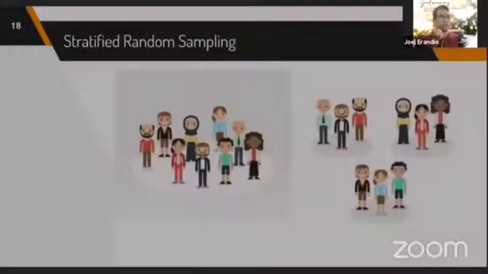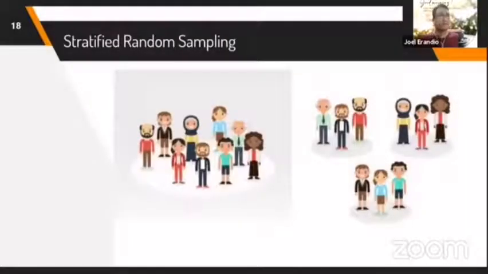Okay, and the third type of probability sampling is the stratified random sampling. In stratified random sampling, from the original population, you divide it into subgroups, or what we call the strata. Sometimes meron tayong tinatawag na geographical divisions.